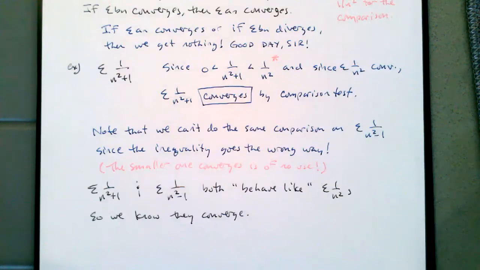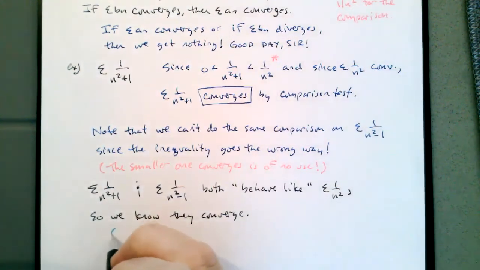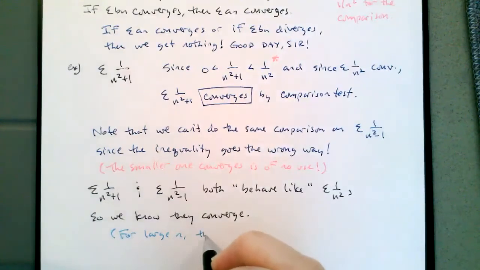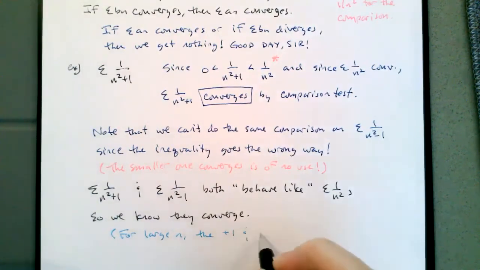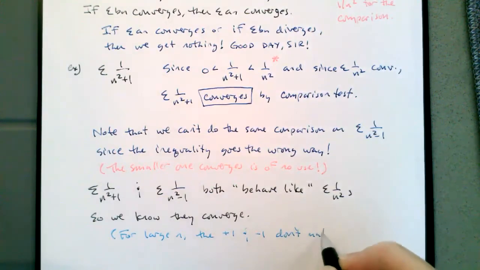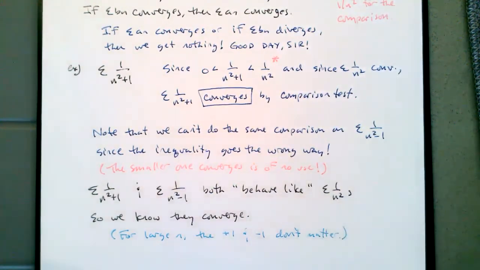So we're thinking for large n. You're either taking 1 and dividing it by a billion, or taking 1 and dividing it by a billion plus 1. And that's just not going to make enough difference to count.